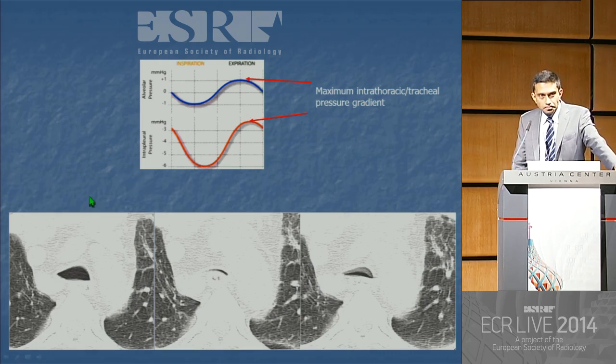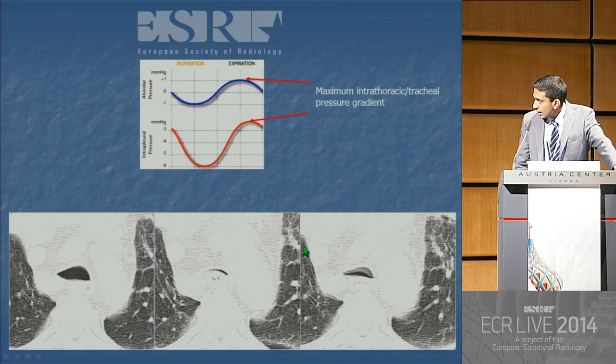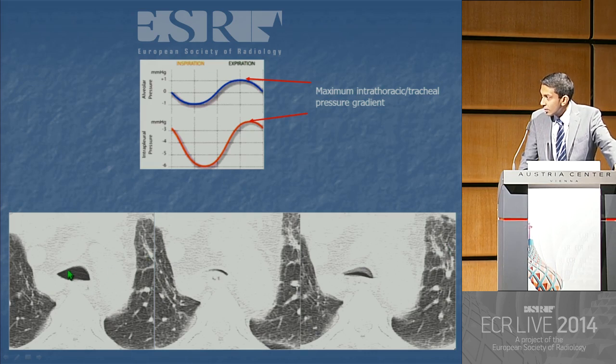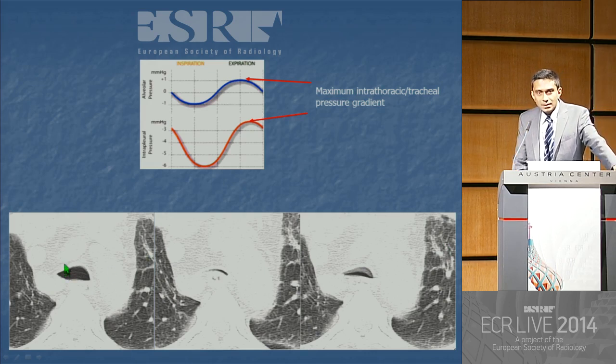You can try and guess what the cause of the tracheomalacia is here. Well, the clue lies in the upper lobe fibrosis. This is somebody who had prolonged intubation. And even on the inspiratory scan, you can get a clue that this patient has tracheomalacia. They have a so-called lunate configuration to the trachea.